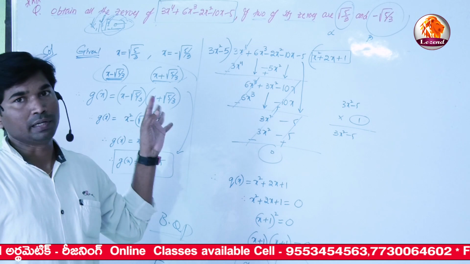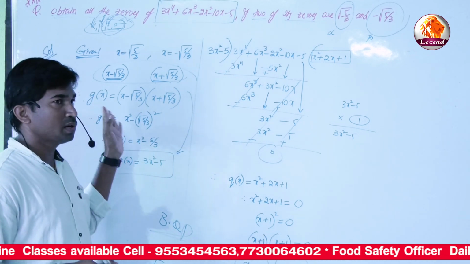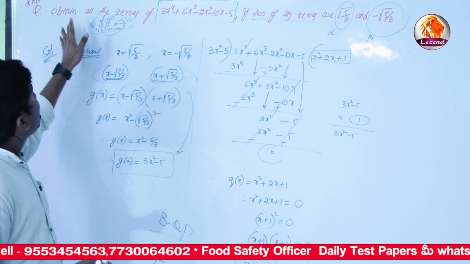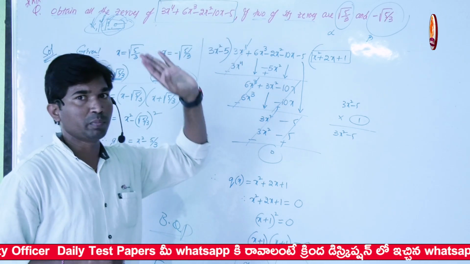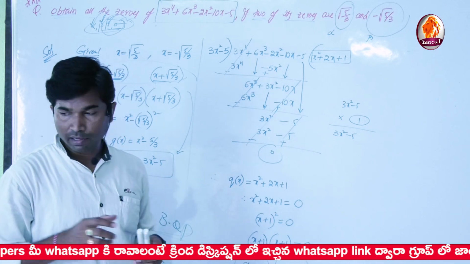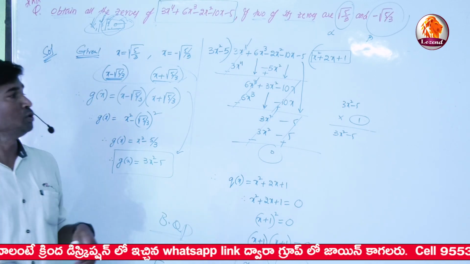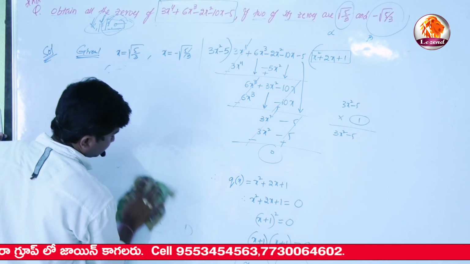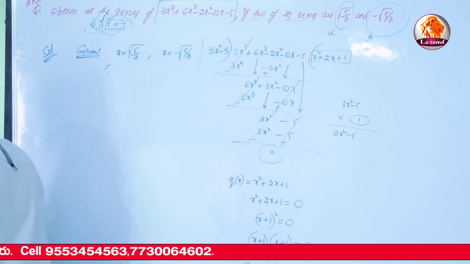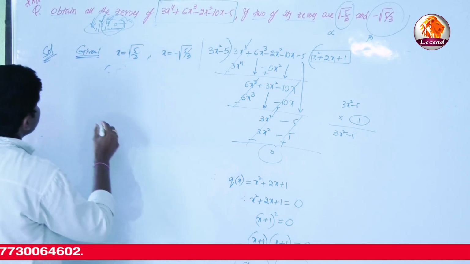This is also very, very important. In the previous cases, using the long division process, we obtain all the zeros of the quadratic, cubic or biquadratic polynomial. For the last one, I'll give some useful relations, which are very, very important.